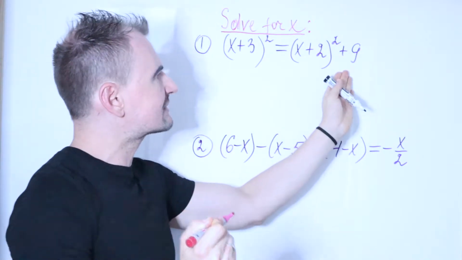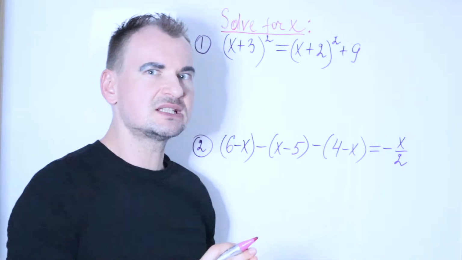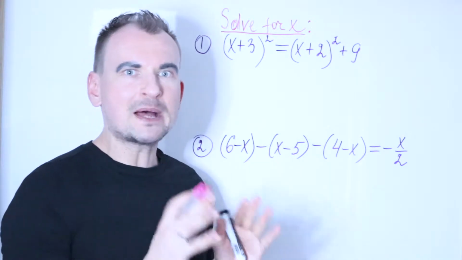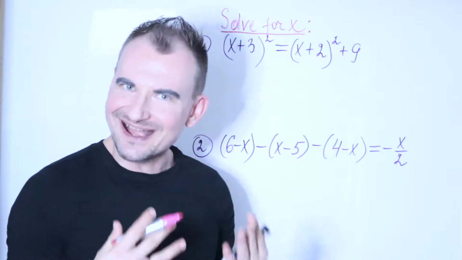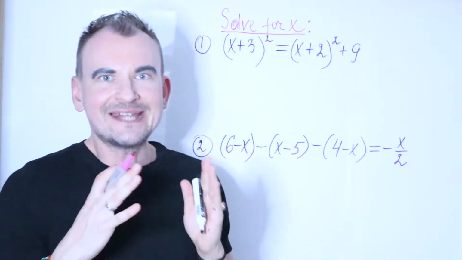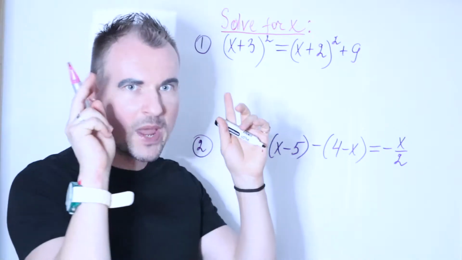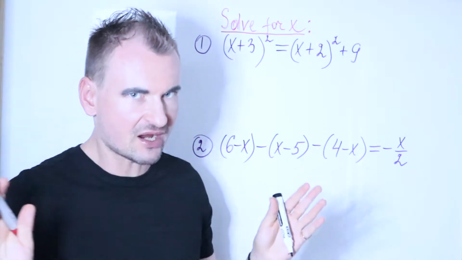Look at the first one. Suppose you have been given something like this. It looks a little bit intimidating since the squares pop out at you, but don't worry, because basically it looks like a quadratic equation, but in reality it's not, because you will see later these square terms would eventually cancel each other out.